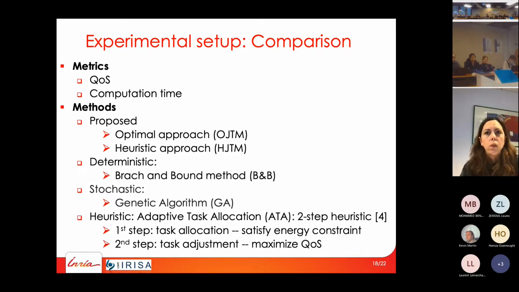And to compare with the heuristic, we use the adaptive task allocation heuristic. This is a 2-step heuristic. In the first step, as you see in the slides, it performs the task allocation while satisfying the energy constraint. And in the second step, we are deciding the optional task execution cycles. So this heuristic does not explore the frequency.